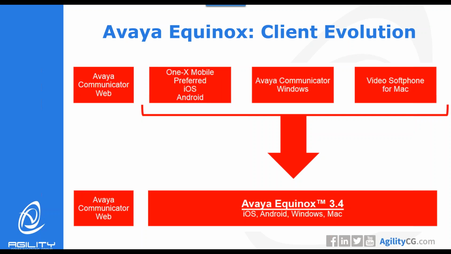And this is an effort to streamline all these clients into a singular portal for ease and familiarity. And we'll take a look at that on our next slide. It is worth noting there, Avaya Communicator for Web is going to continue as its own web-based RTC, which is a real-time communication client or a thin client.